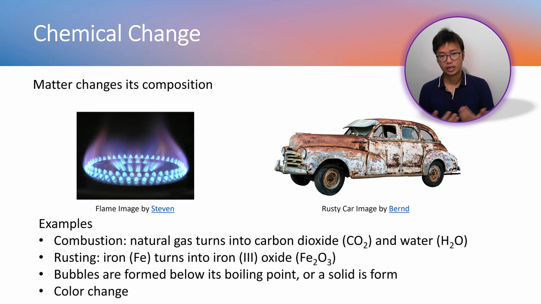Sometimes it can change color, or sometimes it can give off light as well, or they may form solids. Okay, it doesn't just have to be bubbles. Sometimes you mix two solutions, you see some cloudy solid being formed right away. So that's another indication that you have a chemical reaction going on, and those are the chemical changes.